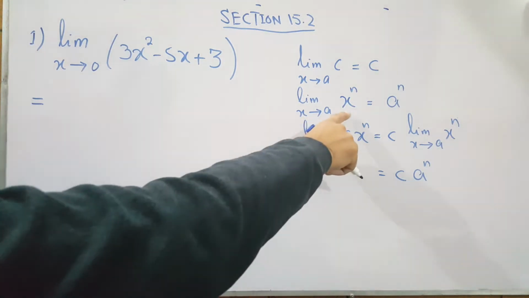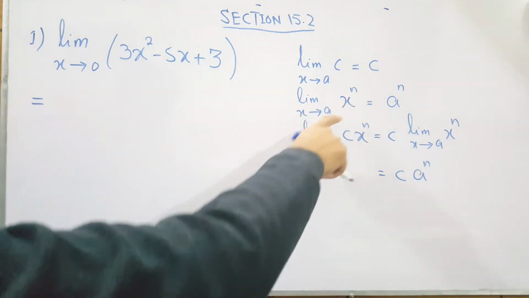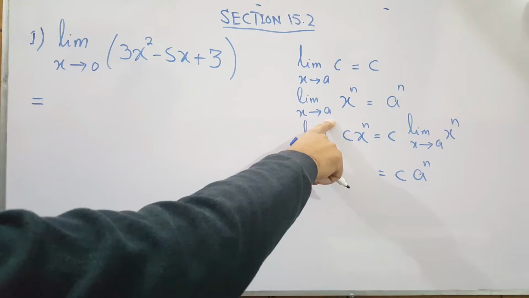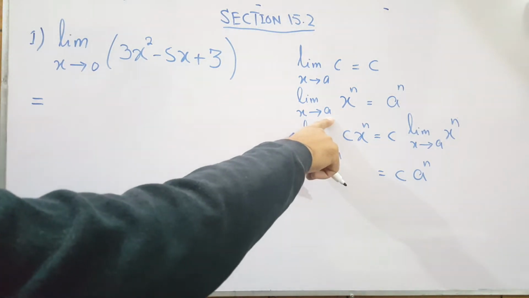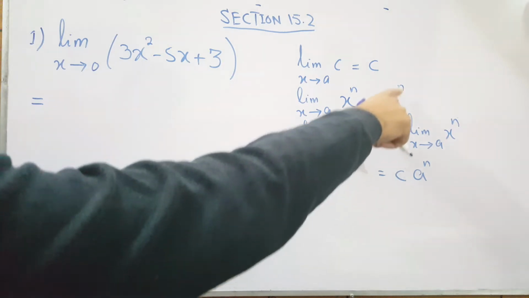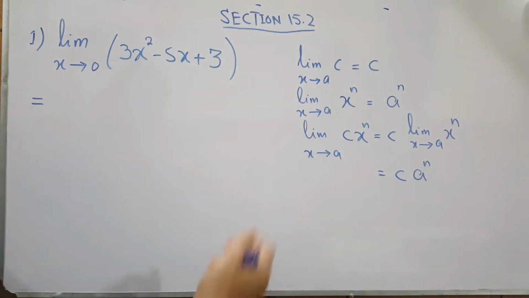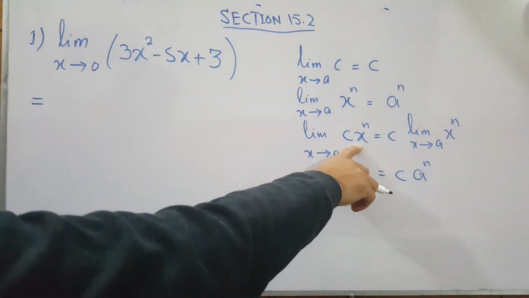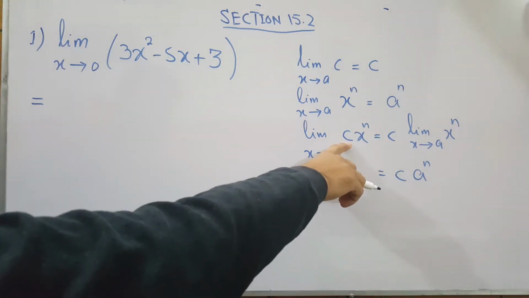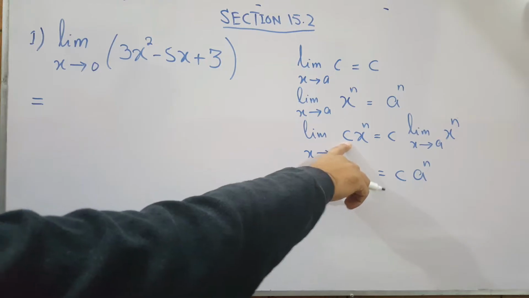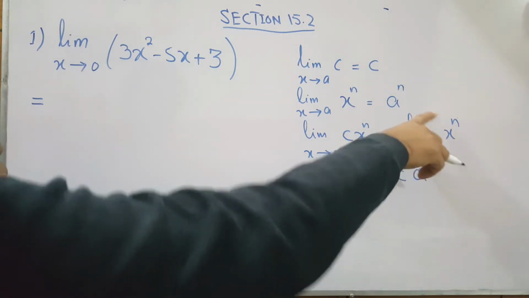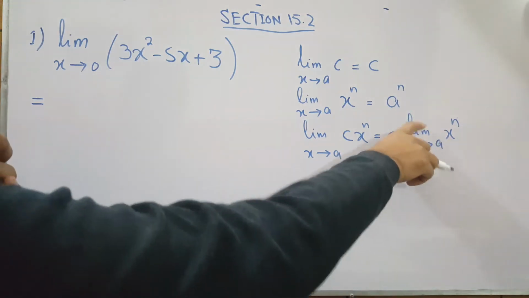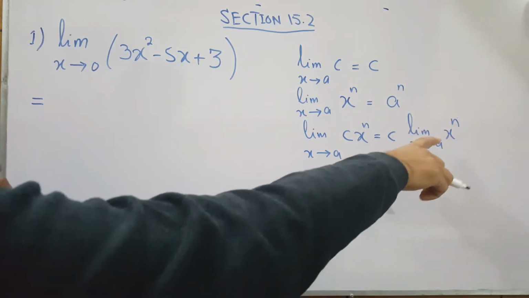The next rule is if you have x to the power something and x approaches a, then just replace the x with the value that x approaches. So that becomes a to the power n, or whatever power is given. Similarly, if x power something is multiplied by a constant, then you can take out the constant and apply the limit on the x term, and you already know how to find the limit of the x term.